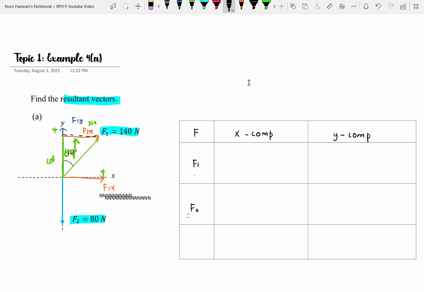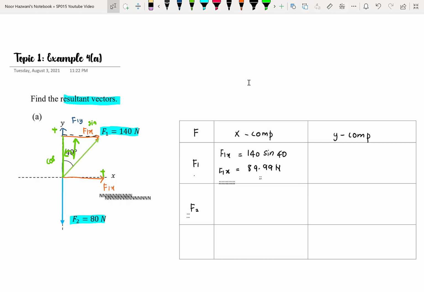So we start to resolve F1X is equals to 140, and then remember kita akan guna sin, so sin 40. So you press your calculator and make sure you punya calculator dalam degree. So you will get the value is 89.99 Newton.